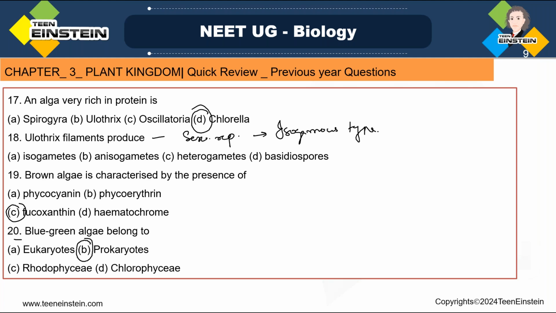So blue-green algae, or cyanobacteria, are prokaryotes. Prokaryotes lack a well-defined nucleus surrounded by a nuclear membrane, and eukaryotes have a well-organized nucleus. Rhodophyceae and Chlorophyceae are members of algae, which come under eukaryotes. So blue-green algae are prokaryotes. Clear?